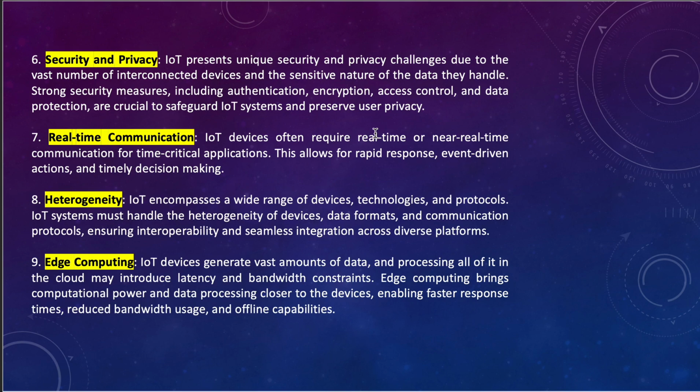So we talked about step by step everything, right? Heterogeneity comes in when talking about legacy systems or old IoT systems being connected to new IoT systems or adding on new IoT systems.